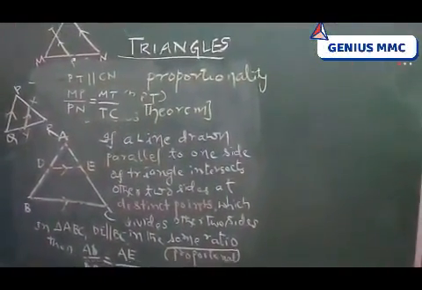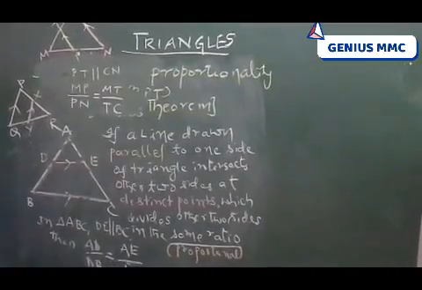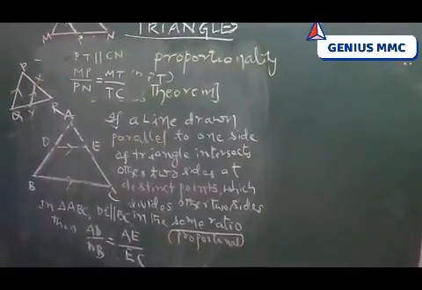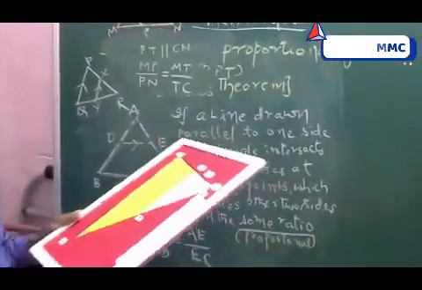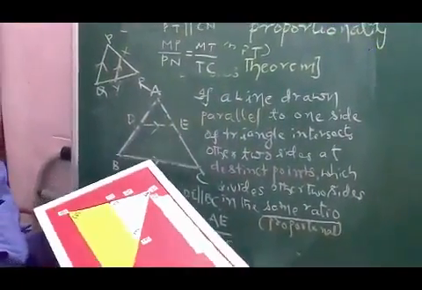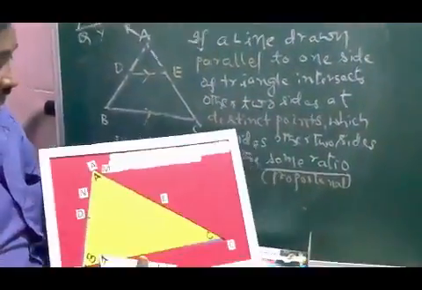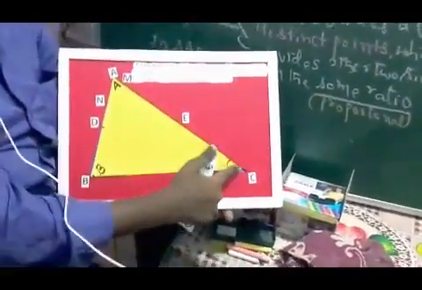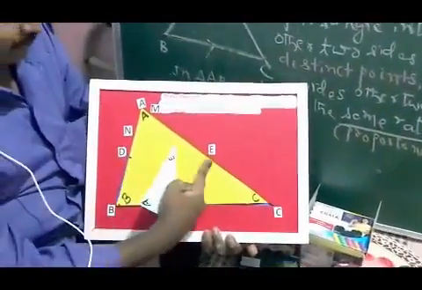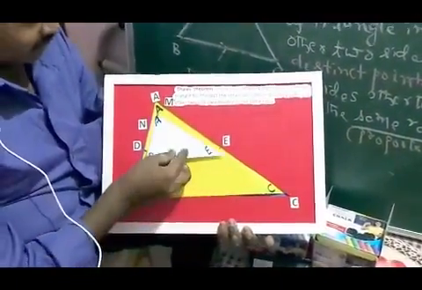So here one board is there. Next class we will explain the converse and corollary also. Today, next class we are going to prove the theorem. See, you can observe here ABC is a triangle. Here D and E are distinct points. A line is drawn parallel.